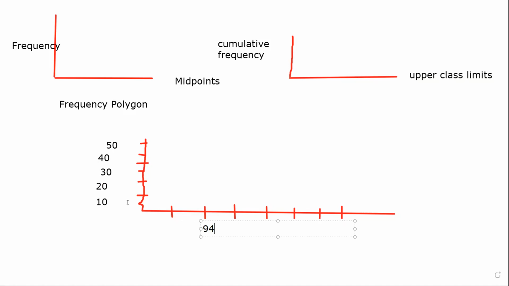So 94 and 6 is going to be roughly, let me use the broad marker, about right here, about halfway up to the 10 mark, right about there.